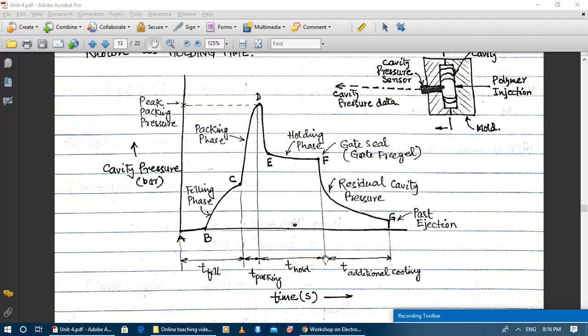So this time duration from F to G is the additional cooling time. Cooling actually starts just after point C, so cooling is from point C to G, but this time is being considered as a part of the injection phase. Typically cooling time is considered from F to G, that's why we have called this additional cooling time.